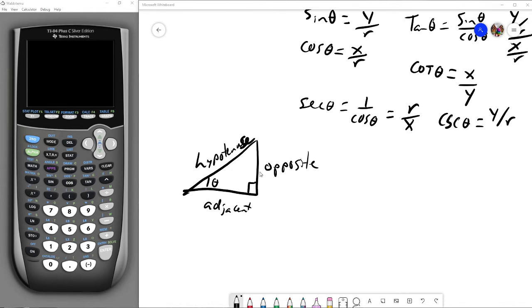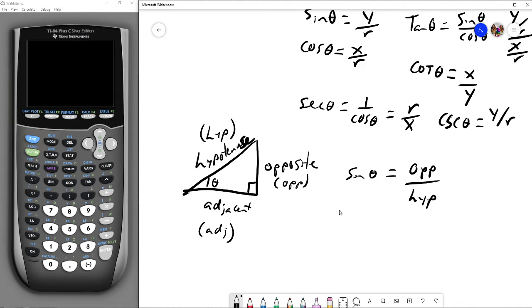So, when we think of it in this manner, we can say that sine of this angle, I'm going to abbreviate these, OPP for opposite, ADJ for adjacent, and HYP for hypotenuse. Sine, we'd say, is opposite over hypotenuse.